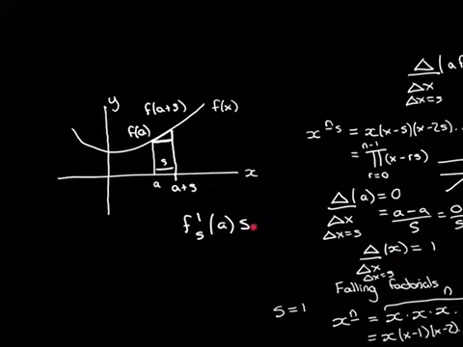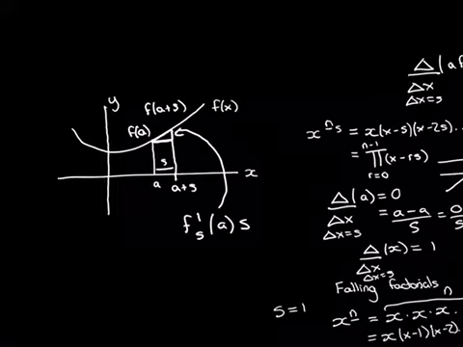So if you times it by the difference in x, it gives you back the difference in y. So this little change in y here is equal to the first derivative evaluated at that point a times s.